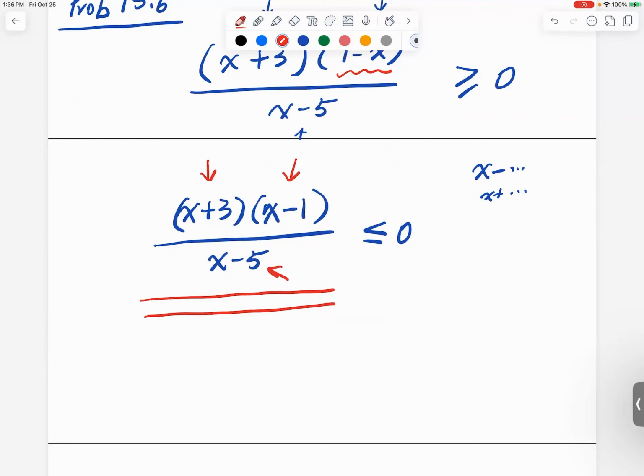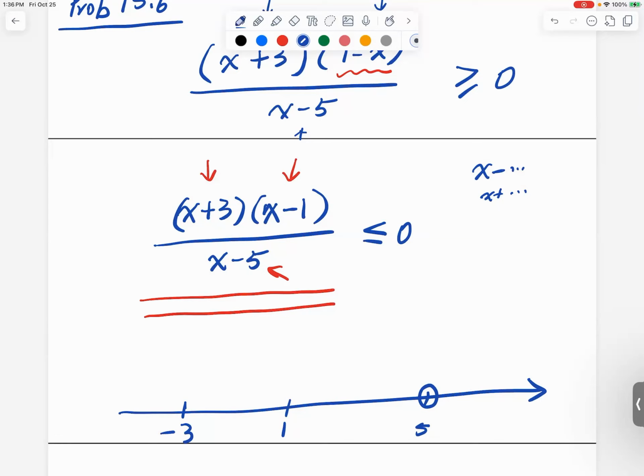Then again, we draw a number line. x plus 3 can be 0 when x equals -3. x minus 1 can be 0 when x equals 1. x minus 5 cannot be 0, so x equals 5 is not defined. So we have to exclude the point 5, and I'm going to draw a circle over there. That means this point cannot be considered.